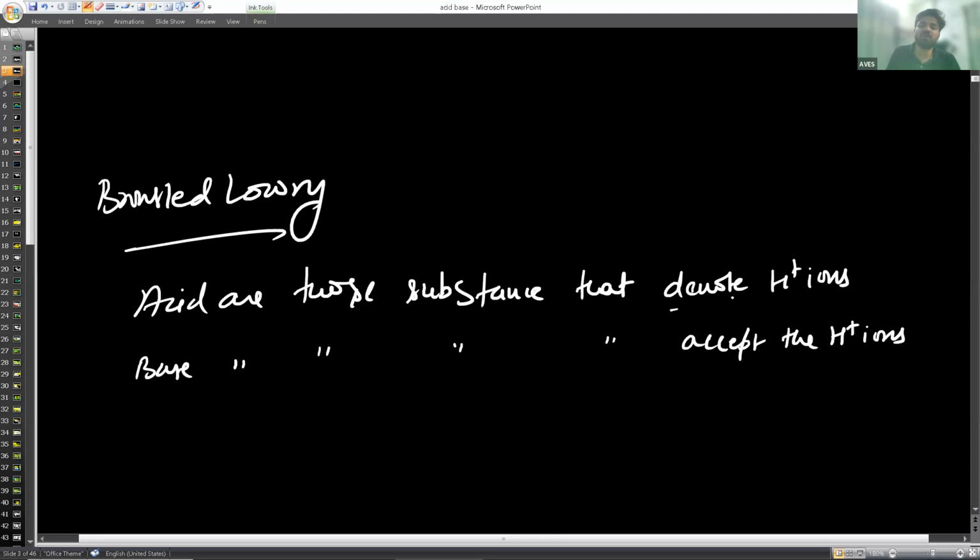So he uses the word donate for acid, accept for base. He does not use OH negative ion in his definition. Do this one, please.